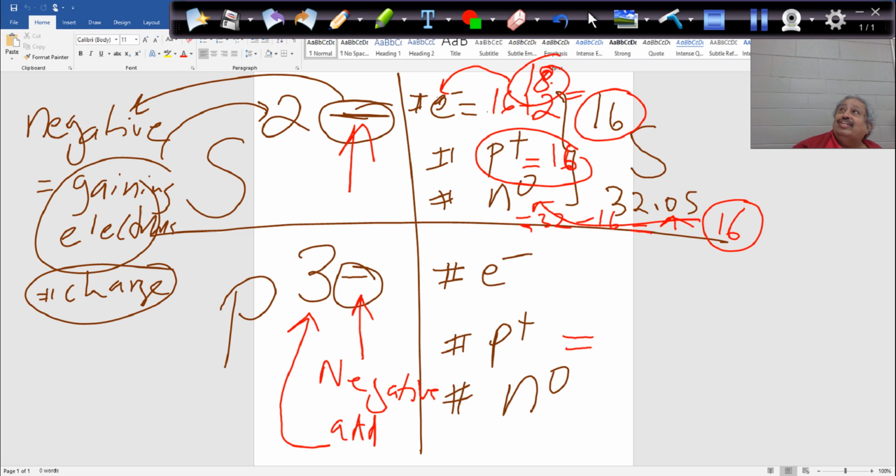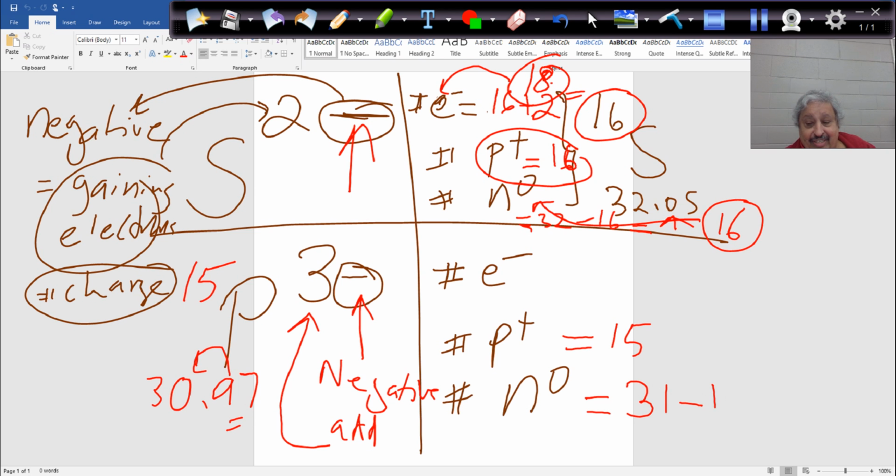Negative, add 3. So the protons are straightforward. Look at the phosphorus. Phosphorus is 15 here, atomic number, and it has 30.97. Correct, guys? So number of the protons, how much? 15. Number of neutrons, how much? Around this one, 31 minus 15 is 16, correct?